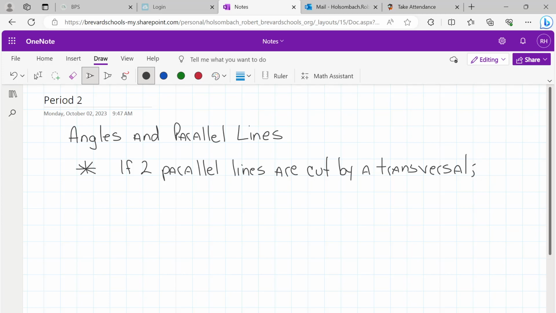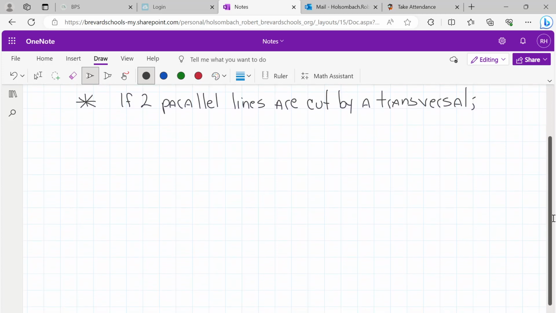If 2 parallel lines are cut by a transversal, corresponding angles are congruent.